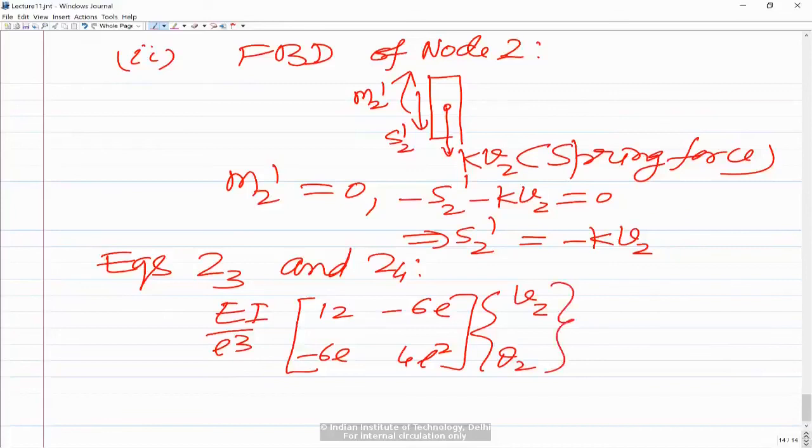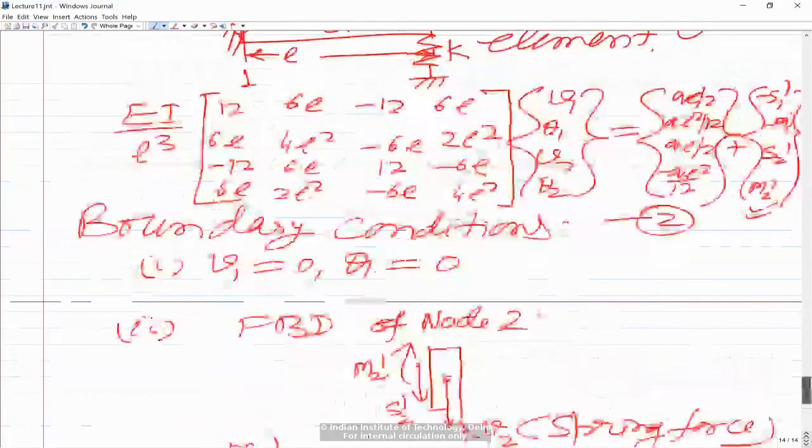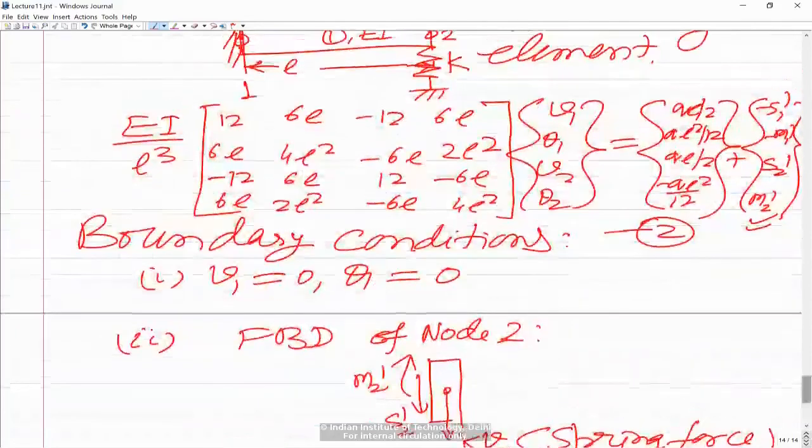So this is equal to, you could also do, now in the last equation, this S21 is equal to minus KV2. This minus KV2 you shift over here, so you make this term 0, and on this side you add the K term here, because EI by L cube is taken outside, so you will write plus KL cube upon EI.